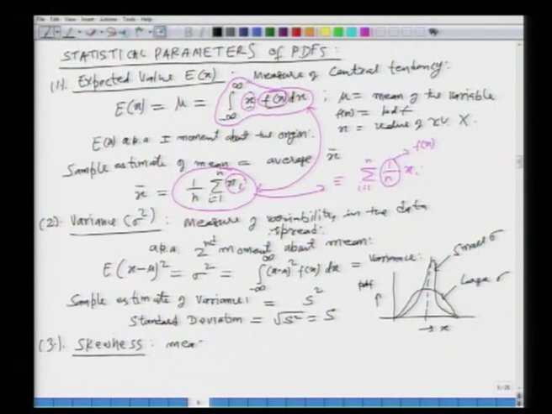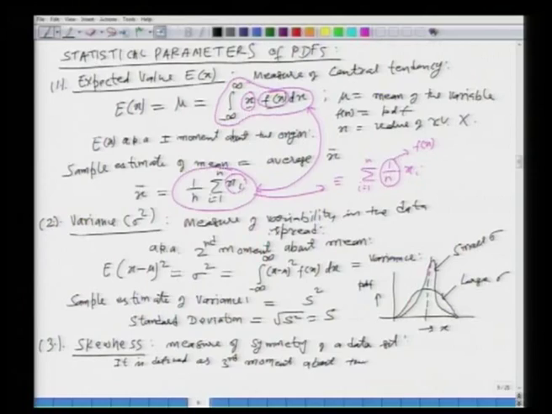It is a measure of symmetry in the data, or symmetry or asymmetry of a data set or a PDF. It is defined as the third moment about the mean. Okay. We are going up to higher moments here. It is defined as the third moment about the mean.